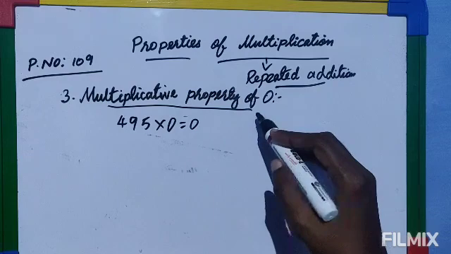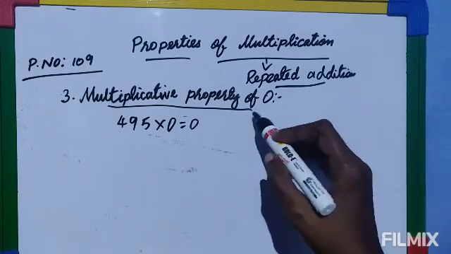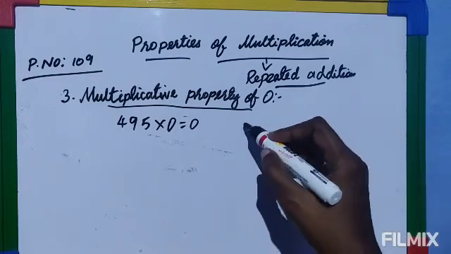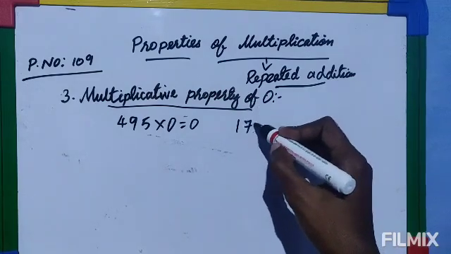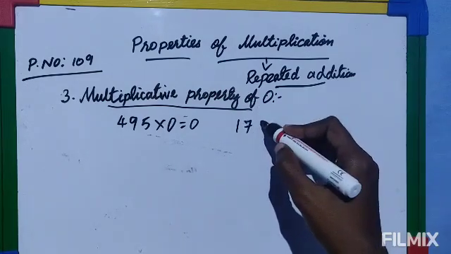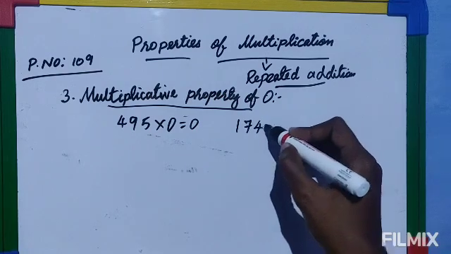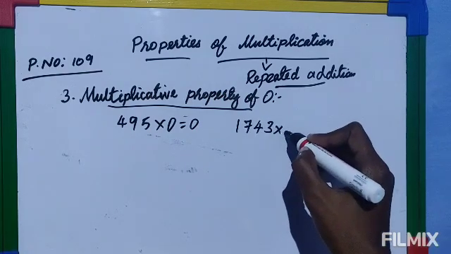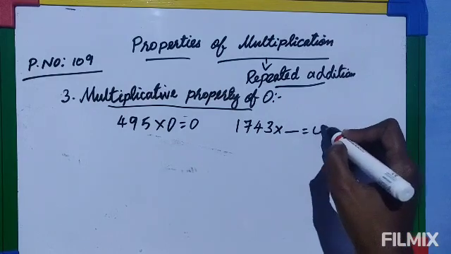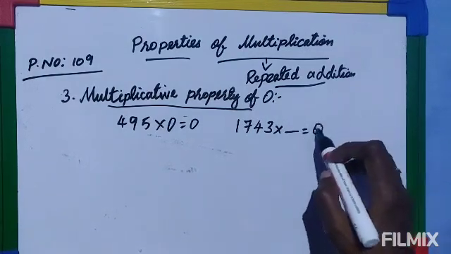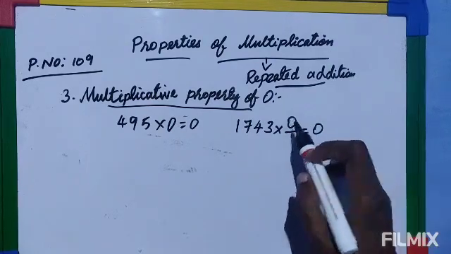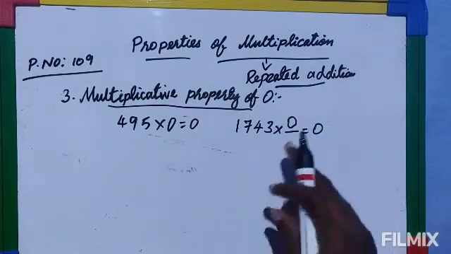It can be asked in fill in the blanks like this: 1743 multiplied by blank equals 0. If the product is 0, surely the multiplier must be 0.